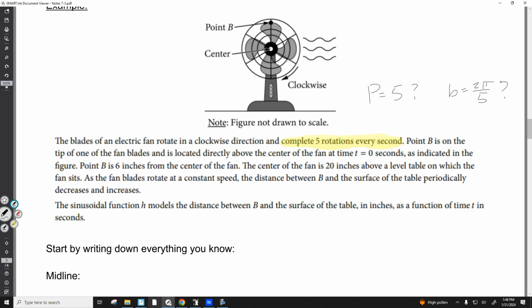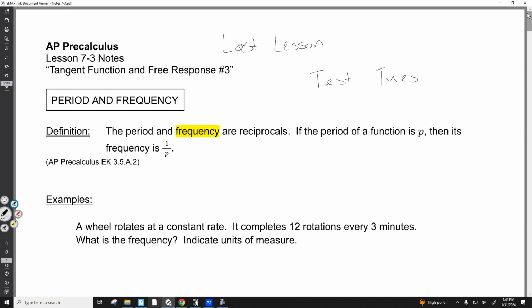Okay, this is where we go back to the beginning of the notes and we talk about the new 5% or 10%, the idea of a period when it comes to frequency. Now, we're not going to worry about frequency. I'm just going to focus on period. If I ask you what is the frequency, I'm really just asking you what is the period, because that's what's important. They're just reciprocals of one another. Here's the key: understanding what a period is.